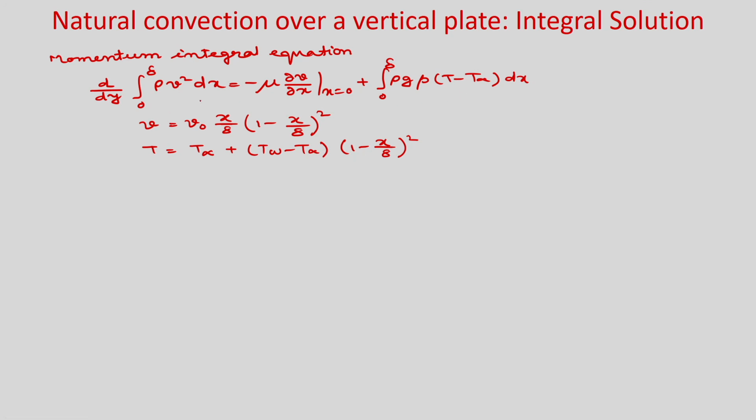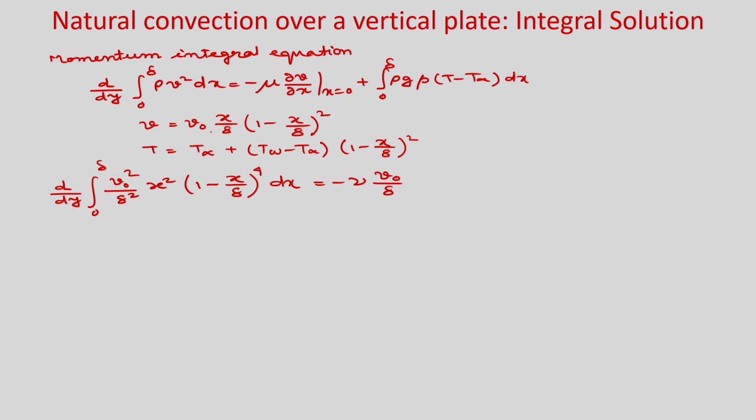And this equation if you divide both sides by rho, then if you rearrange you will get d by dy of integral 0 to delta v naught square by delta square x square (1 minus x by delta) to the power 4 dx is equal to minus nu v naught by delta.